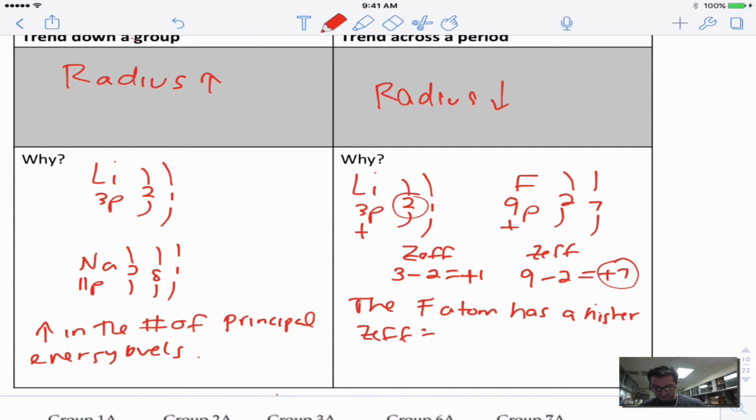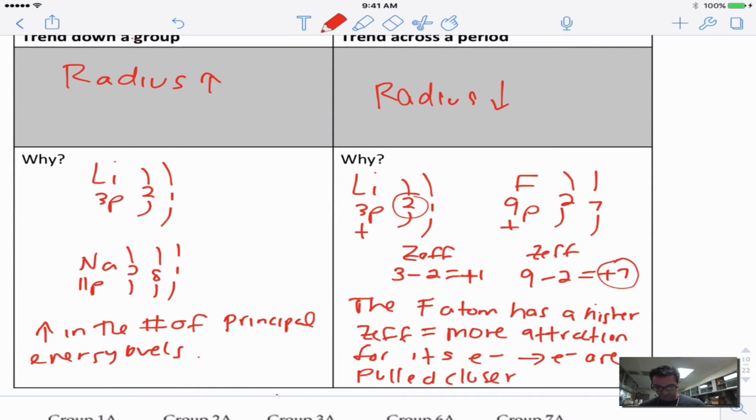That equals more attraction for its electrons. With that higher attraction, the electrons are pulled closer to the nucleus. So because of this, the atom gets smaller.